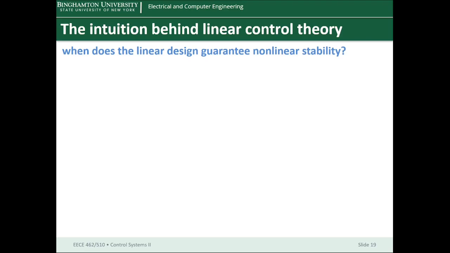I don't want to dive into the full theorem here, but I highlight the condition under which convergence in the linearized model implies stability of the nonlinear system. It's obvious if our linear system diverges to infinity, our nonlinear system is not stable.